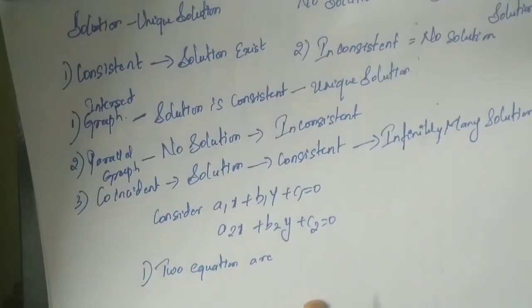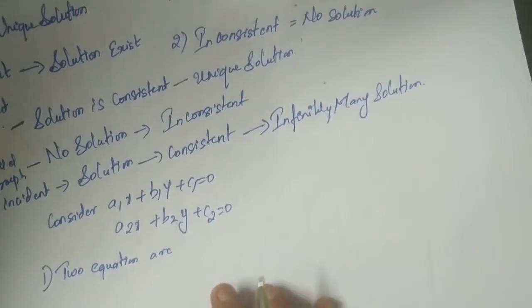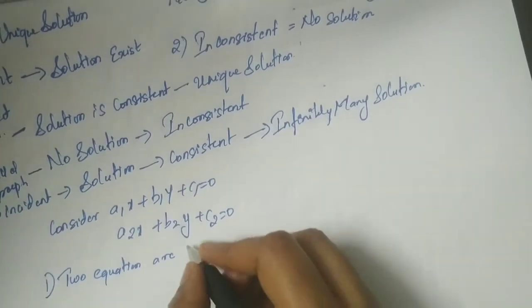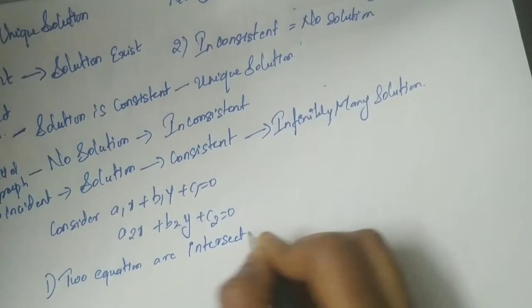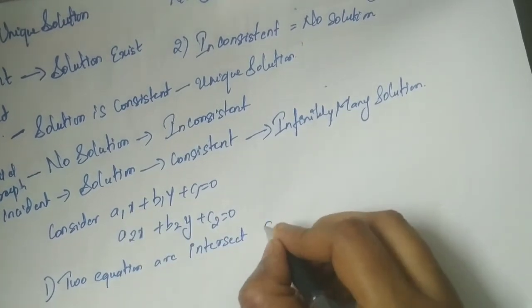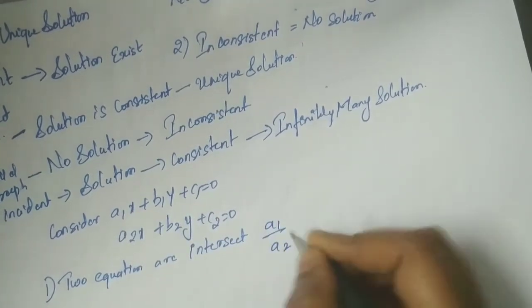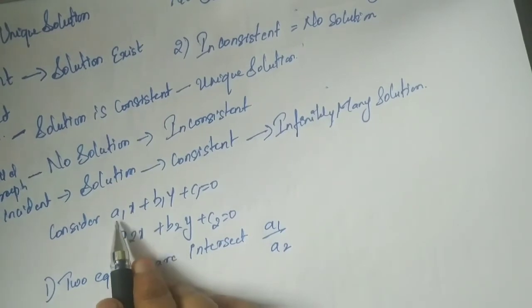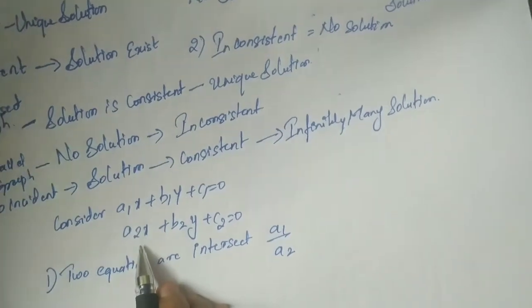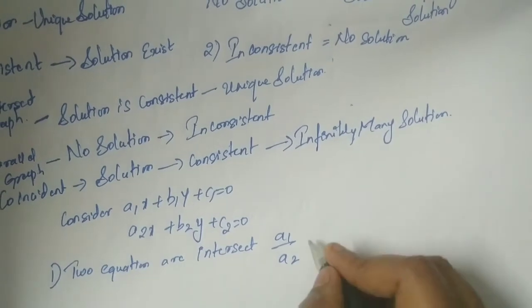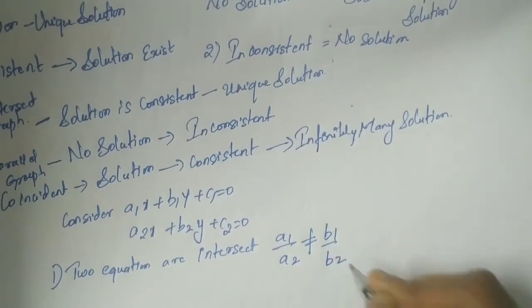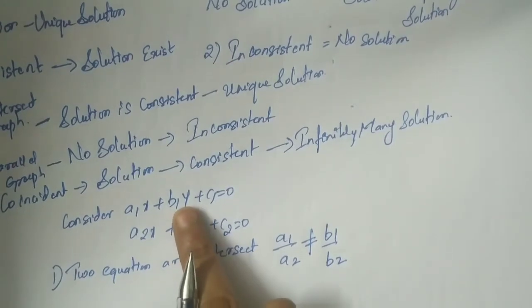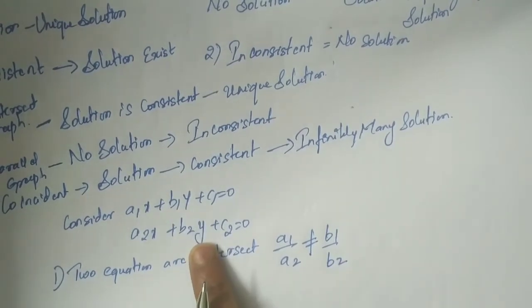So for whatever two equations we have taken in the standard form, when the two lines intersect, a1 by a2 is not equal to b1 by b2. What are a1 and a2? a1 is the coefficient of x in the first equation, a2 is the coefficient of x in the second equation.